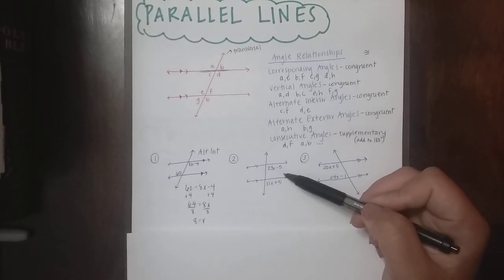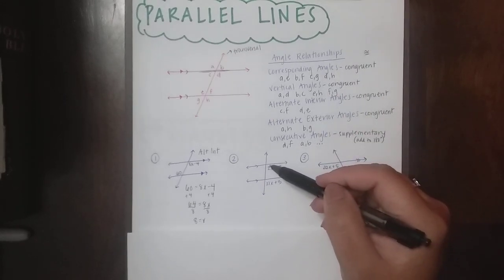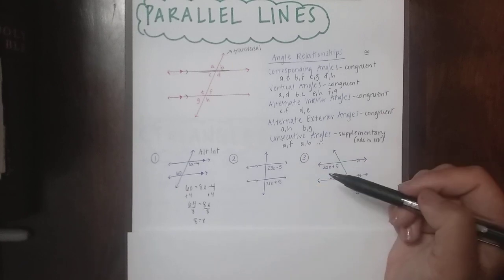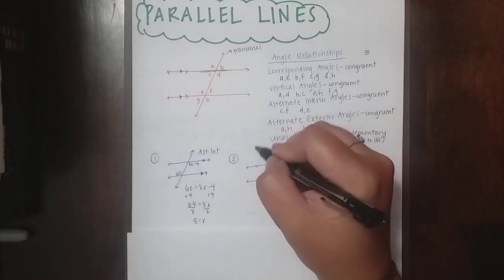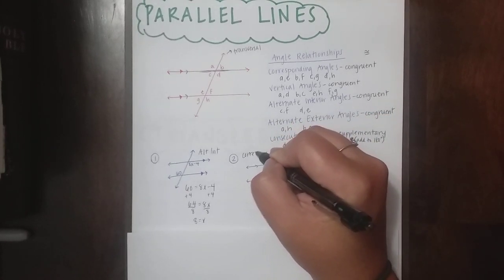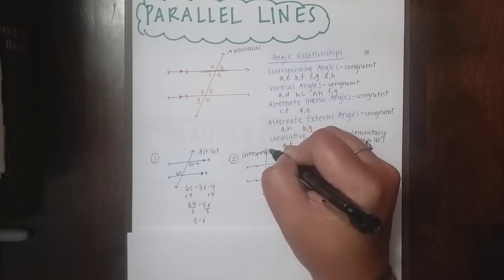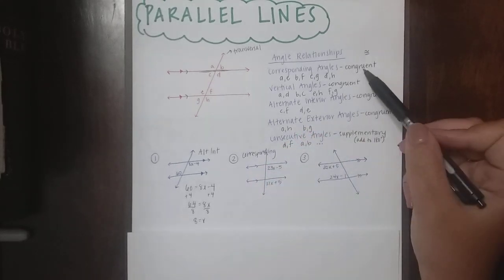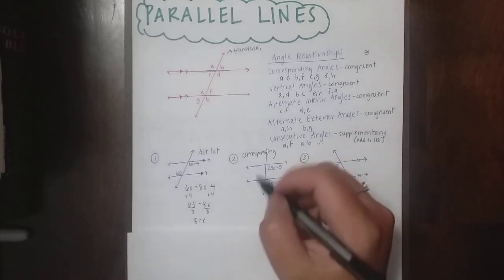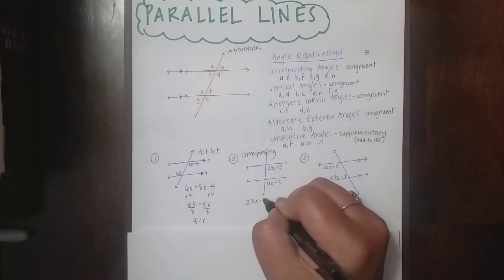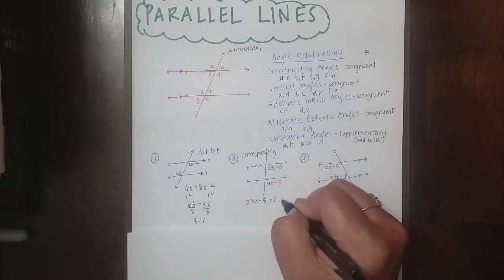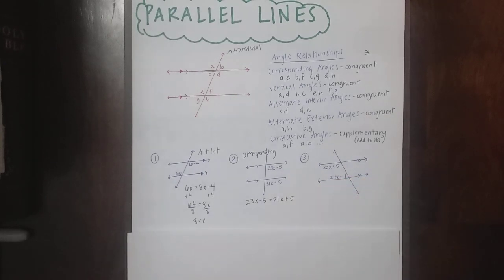For number 2, these are in the same spot of each intersection. So that means these are going to be corresponding angles. And we know the corresponding angles are congruent. So that means I can set them equal to each other and solve.